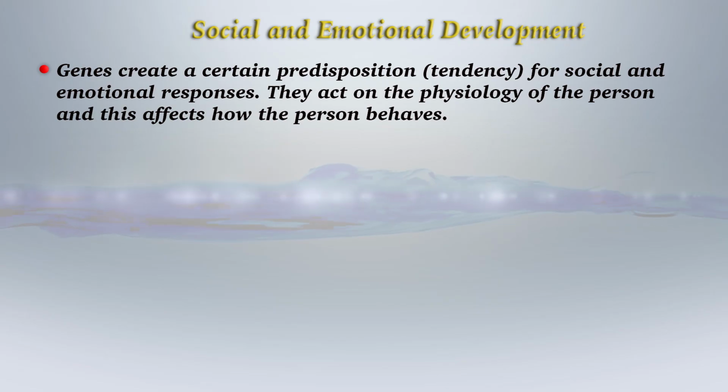Let us come to the socio-emotional domain of development and see how heredity and environment interact over here. In this case, there are genes which do create a certain predisposition. That means they create a tendency for a particular type of socio-emotional response.